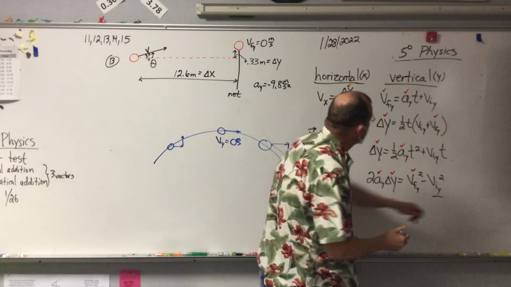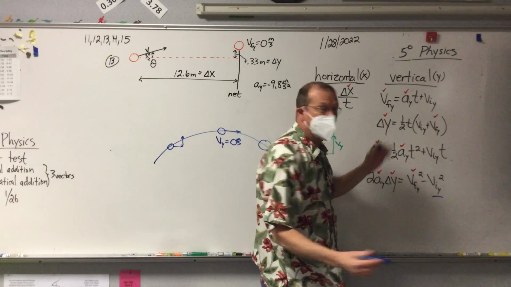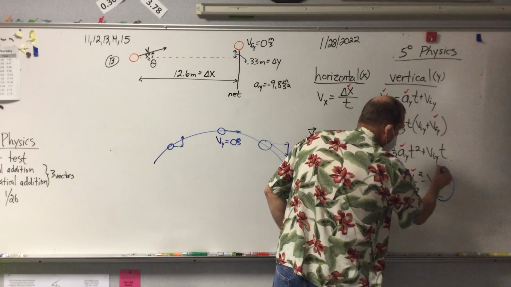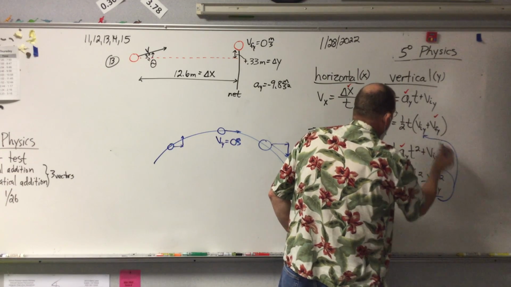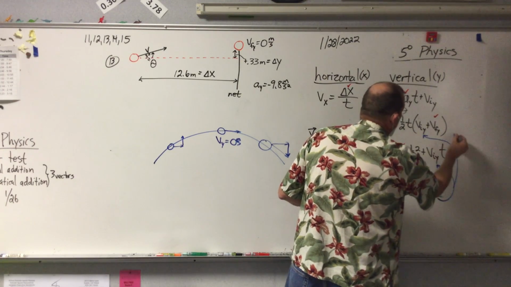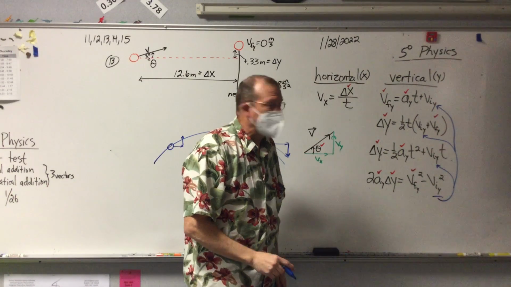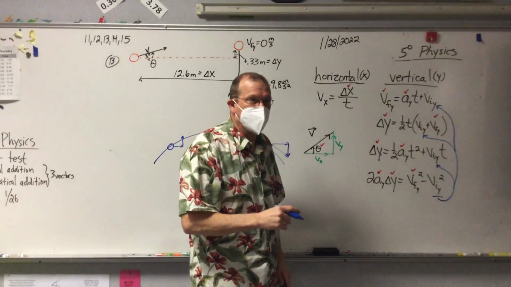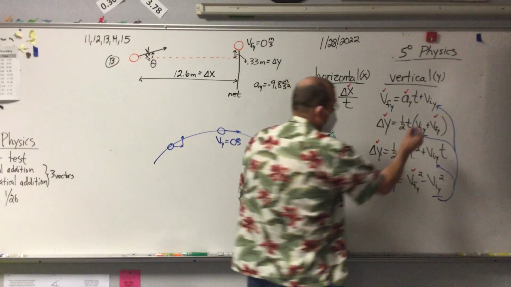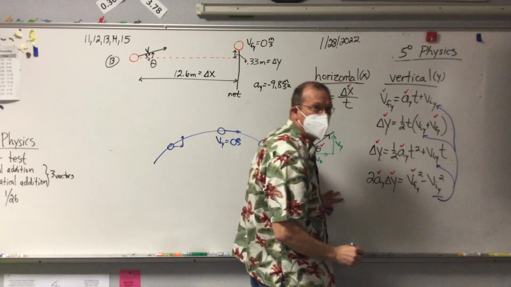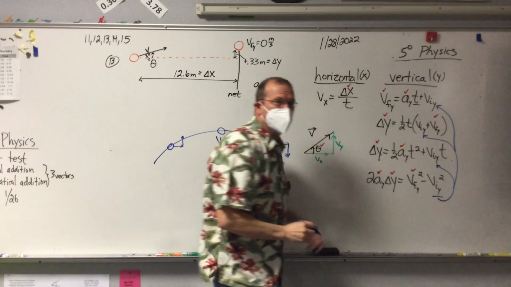If we find this, we could put it anywhere else. There is a Viy. So we could put it in here, or here. And I would agree with you that if you're looking for the simplest one to find t, I'd go with this one. That allows us to find t.